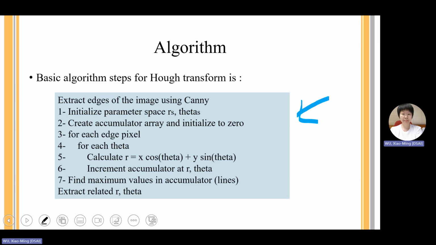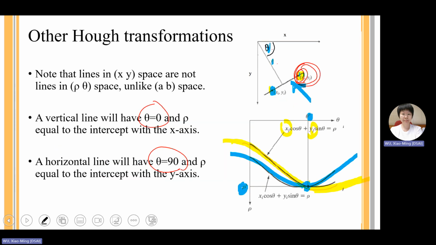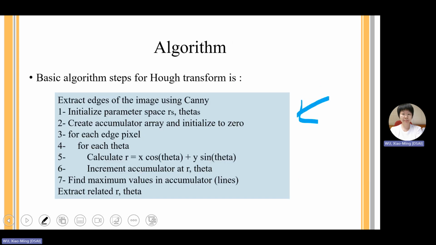In this algorithm, the algorithm is more efficient because we do not loop through every pair of pixels within the edge map from the original space.